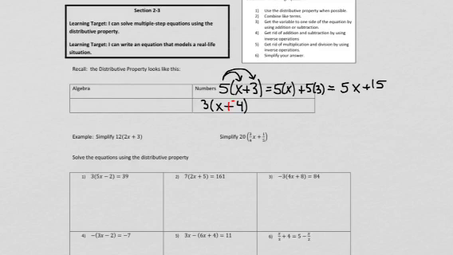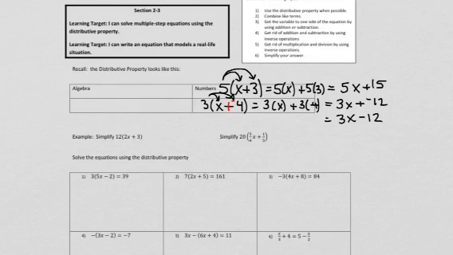If we do that, it makes it easier to see the distributive property is 3 times x plus 3 times negative 4. So then I would get 3x plus negative 12. I could also write that as 3x minus 12 if I wanted to. There's nothing wrong with either one of those.